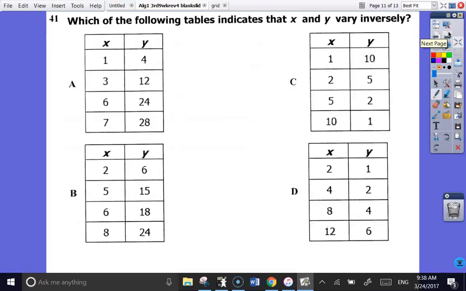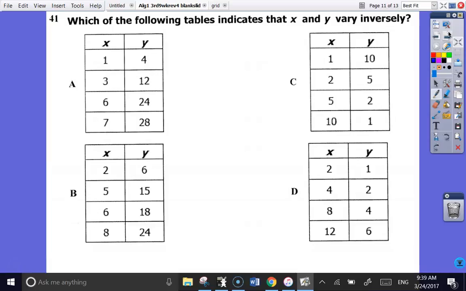So this is number 41 in your package. It says which one of those tables shows that x and y vary inversely. So let's see. If I look at letter A, as the x values are increasing, the y values are increasing. Does that sound like an inverse? No. Okay, how about this one?